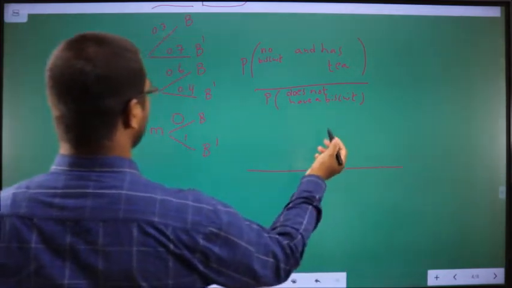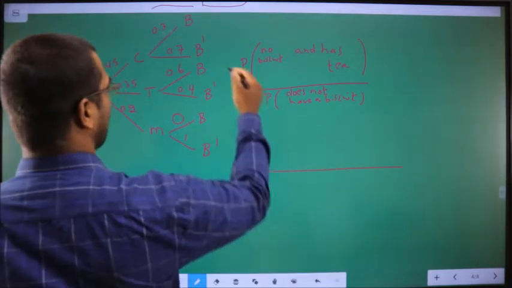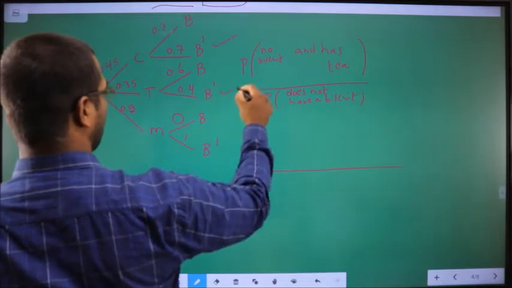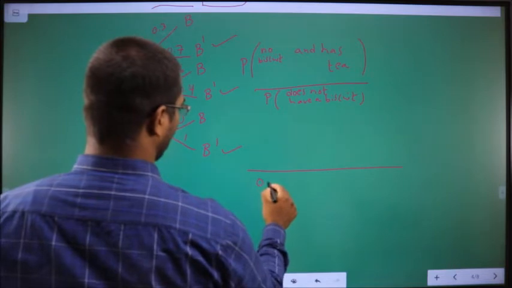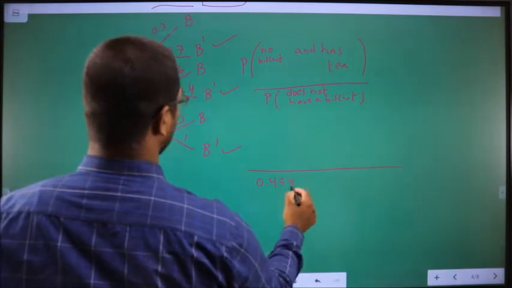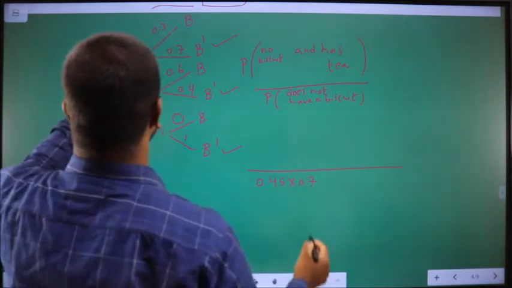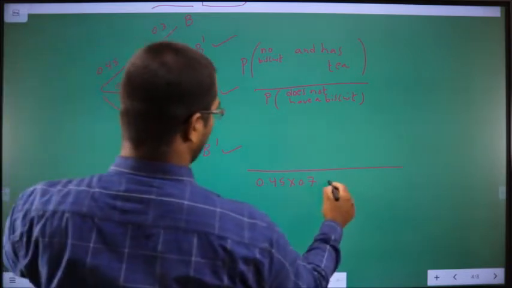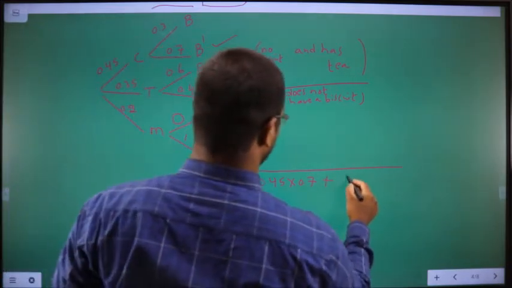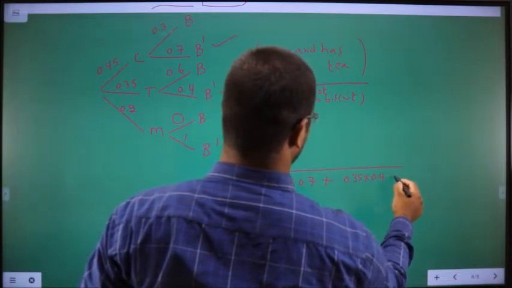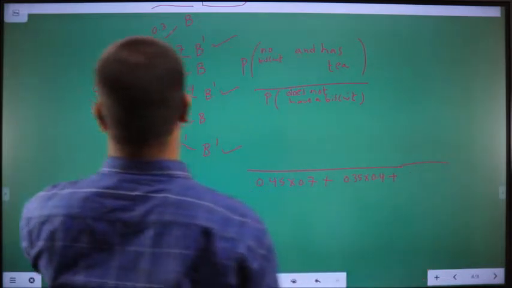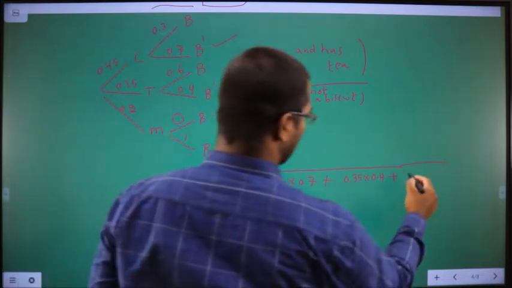She does not have a biscuit. Where all is she not taking a biscuit? Here, here and here. So this will become 0.45 into 0.7, this into this, plus 0.35 into 0.4 plus 0.2 into 1.